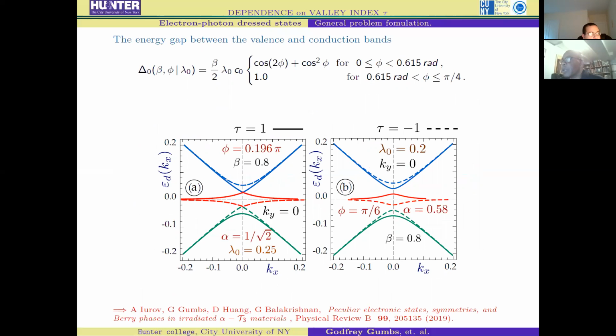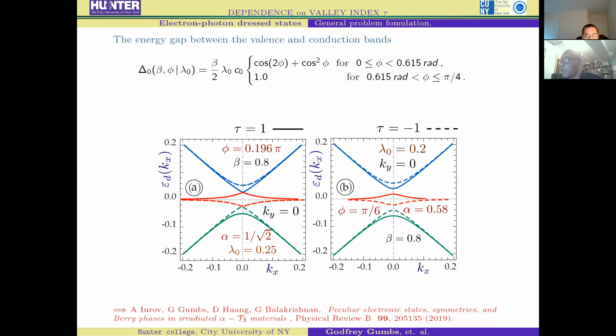emerges. More demonstratively, I have shown in this graph here that for a chosen set of values of the parameters phi and beta, etc., we have a clear demonstration that the energy subband degeneracy at the K and K prime points is lifted.